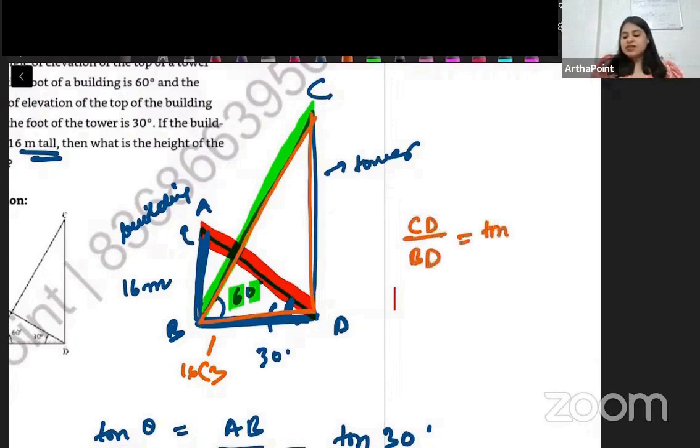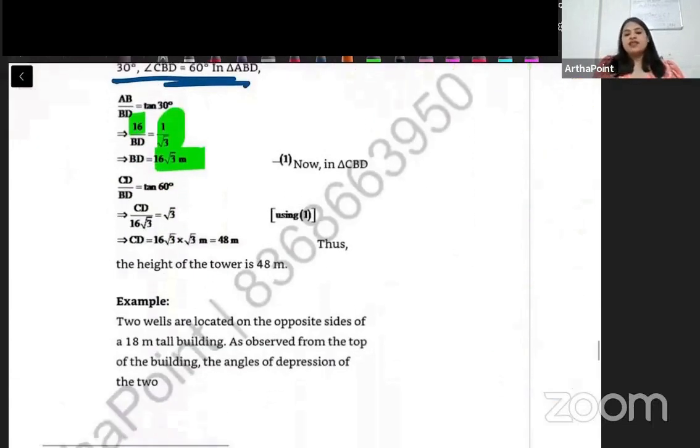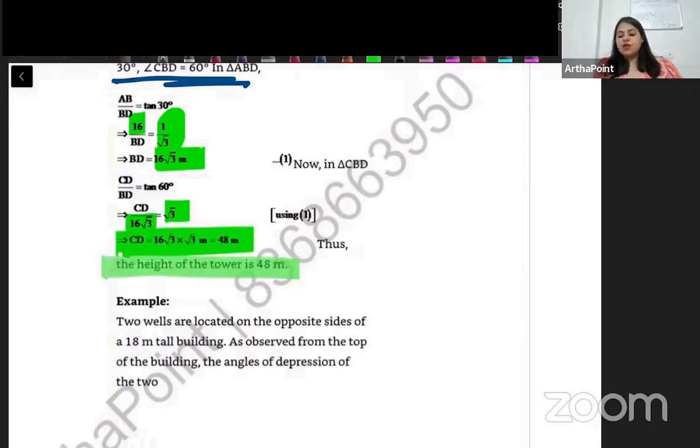This will be tan 60 degree, perpendicular by base. Tan 60 we also know, BD we know, so we can find CD. Tan 60 is root 3, BD we know as 16 root 3. So CD we can find out as 48 meter. That will be the answer to this question.